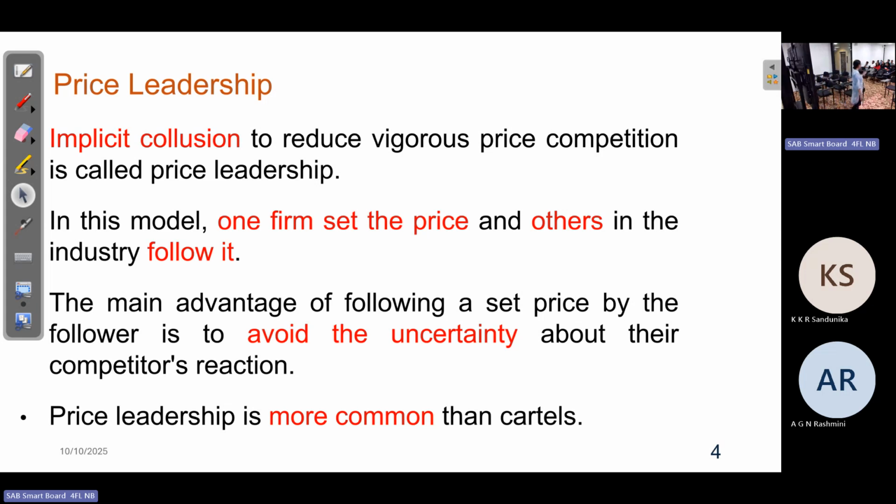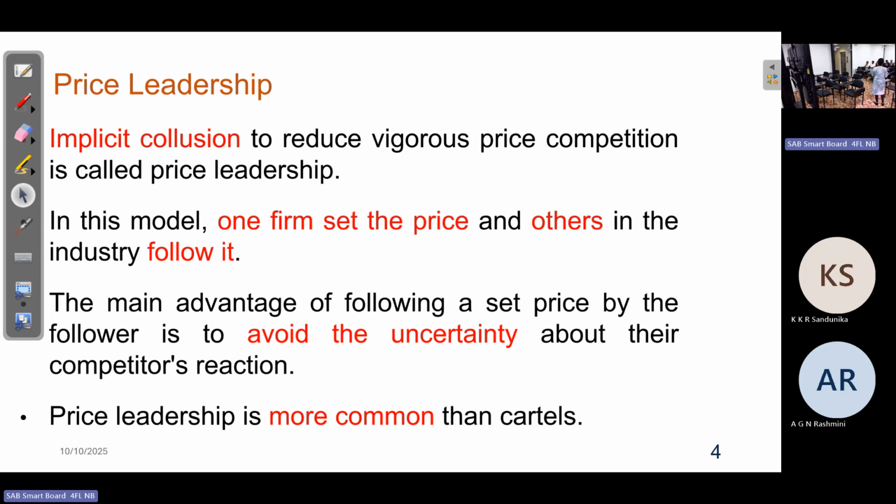The main advantage of this model is that if you have a price leader and the price is set by the leader, all others agree to follow that set price. So there is no uncertainty in price, unlike the kinked demand curve. In the kinked demand curve, you always have to check the rival's price and be cautious and accordingly change your price.